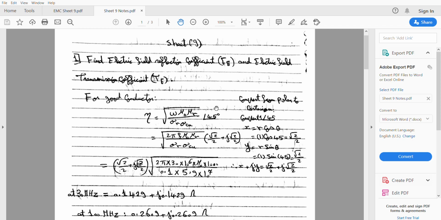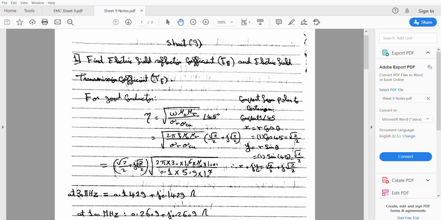So let's first convert from polar to Cartesian. Here is 1 angle 45. We can convert it to Cartesian using the formula x equals r cosine theta, where theta is the angle, which is equal to 45.